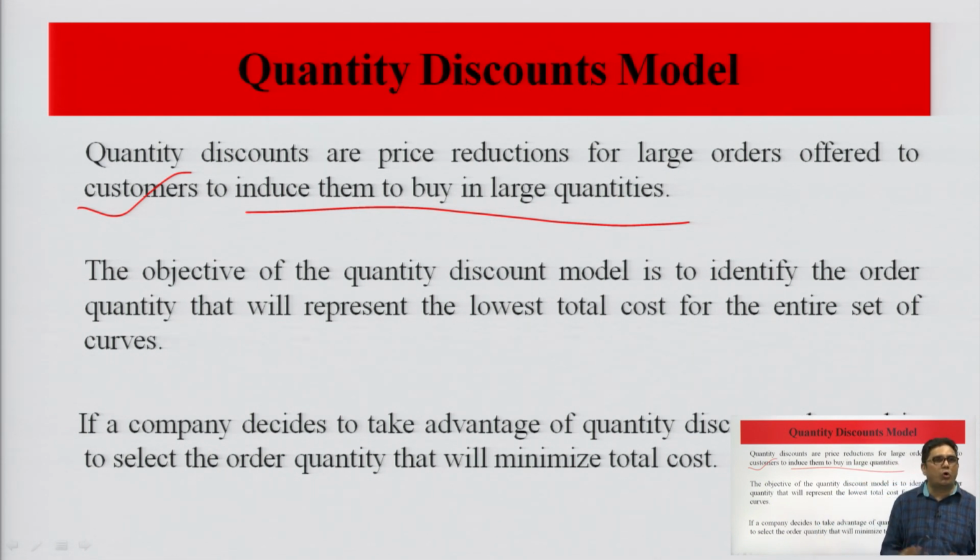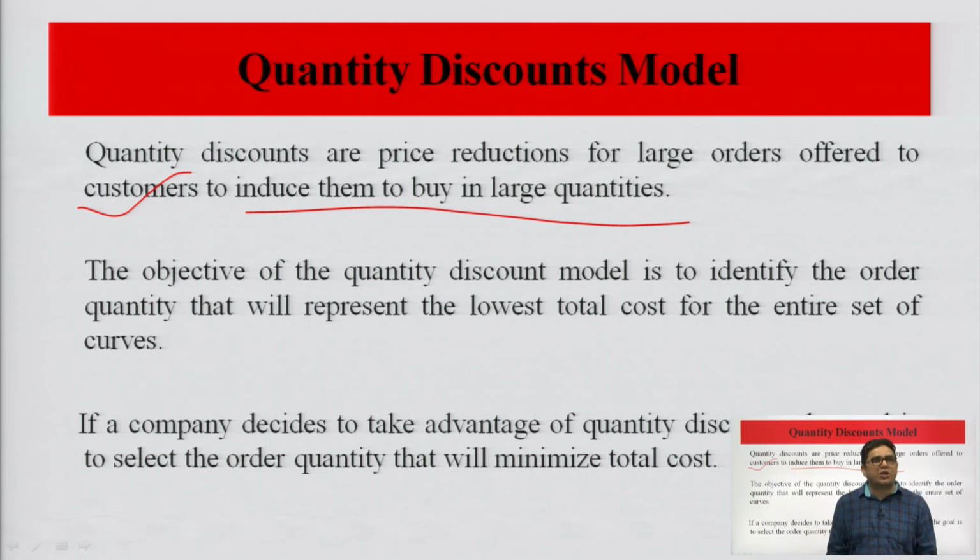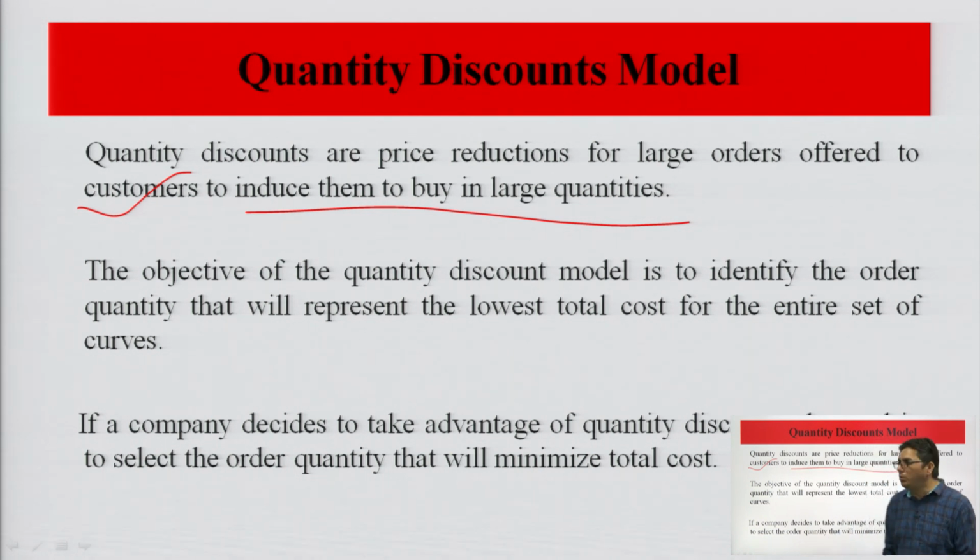Similarly, Amazon and other e-commerce companies give discounts on larger quantities to motivate and induce consumers to purchase more. The objective of the quantity discount model is to identify the order quantity that will represent the lowest total cost for the entire set of curves.